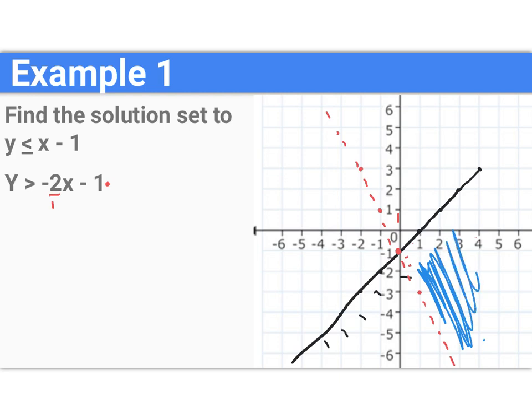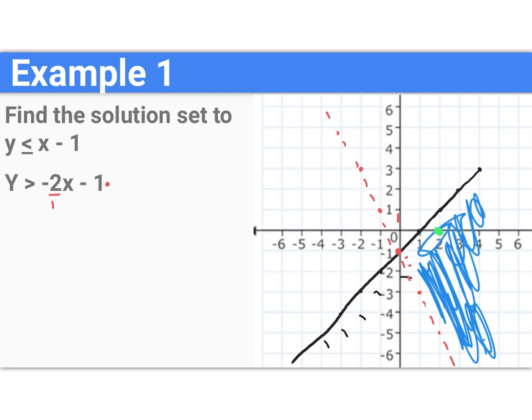So this is our solution set. Everything in here is below the black line and above the red line. So let's pick a point, (2, 0). (2, 0) is in the solution set.